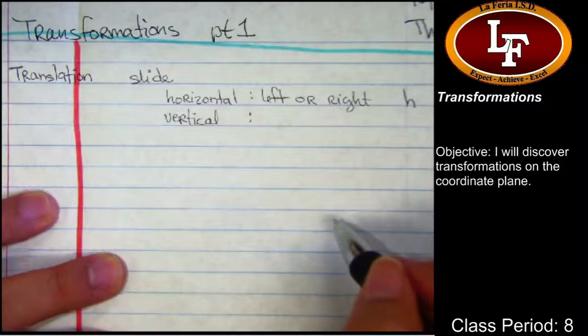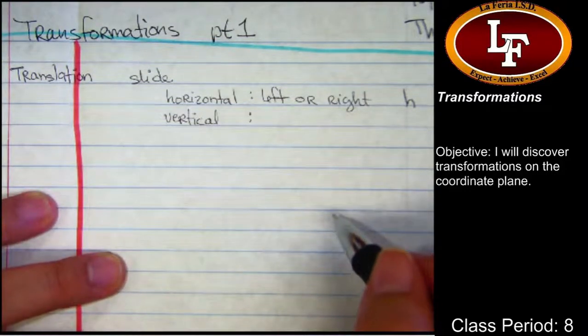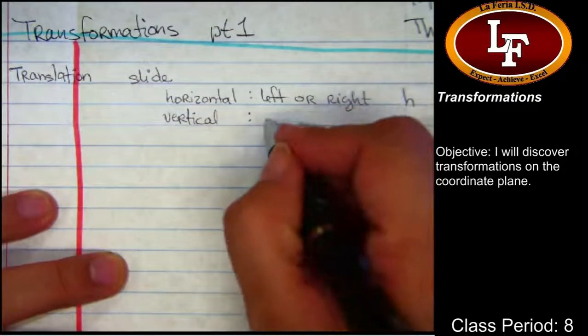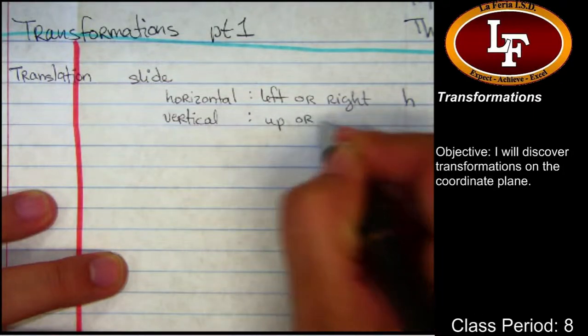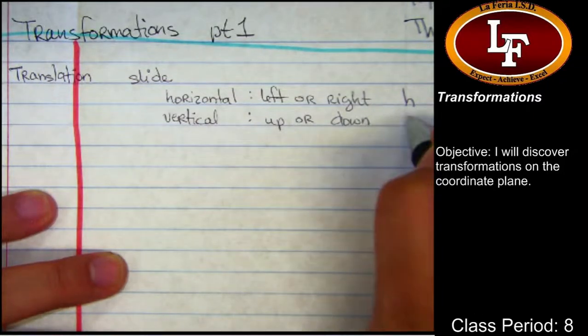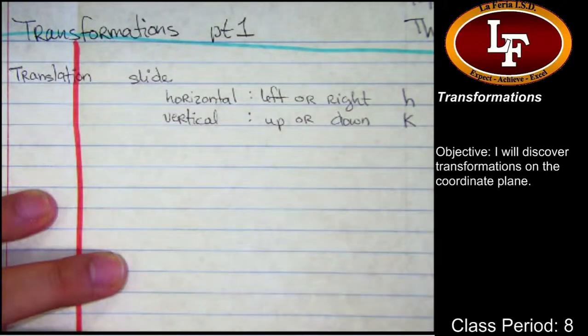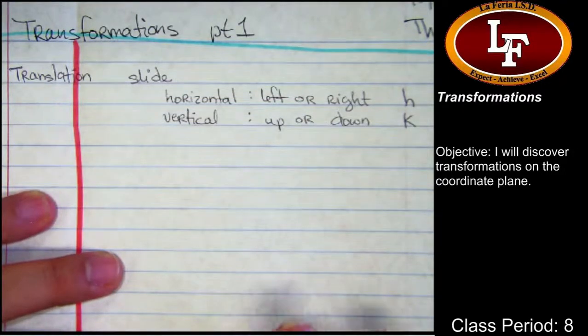I had said we could also slide up or down. We're going to call that up or down motion vertical. So we can slide up or down, and we're going to use the letter K to represent the number of units we're translating, sliding vertically up or down.